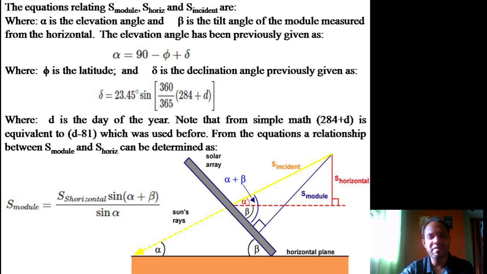Now, this is the horizontal plane which is being considered. This horizontal plane makes an angle of 90 degrees with the vertical line, and these are the solar rays which fall onto this tilted surface. The yellow lines indicate the solar radiation falling onto this surface with an angle of alpha plus beta, which makes the S incident. This is S horizontal and this is S module.